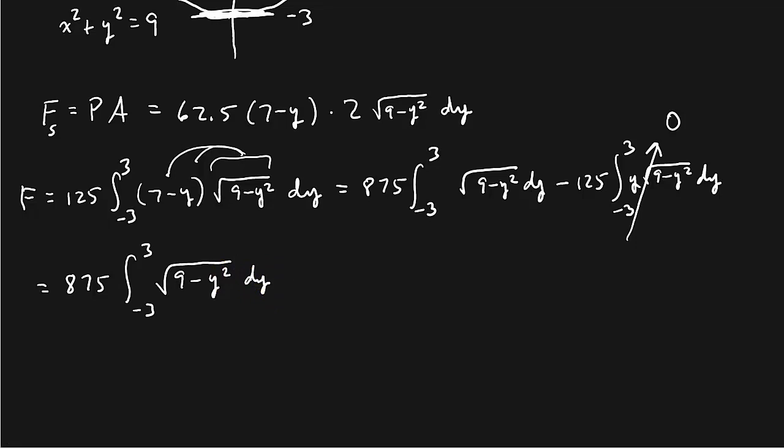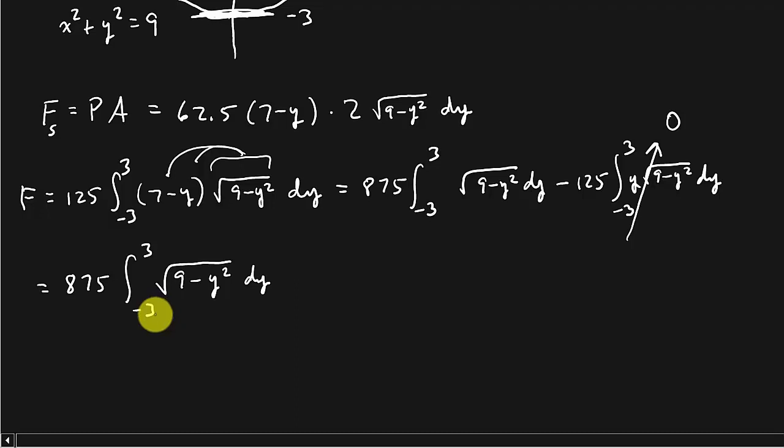All right, so now how would I go about integrating this thing? Well, to integrate this, we could use trigonometric substitution. You would say, okay, we're going to let y equal 3 times the sine of theta.